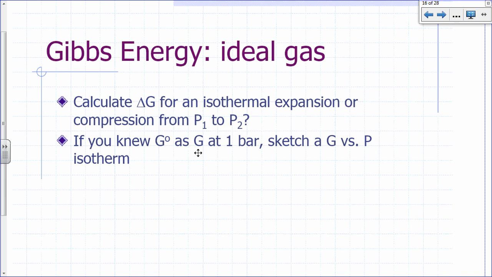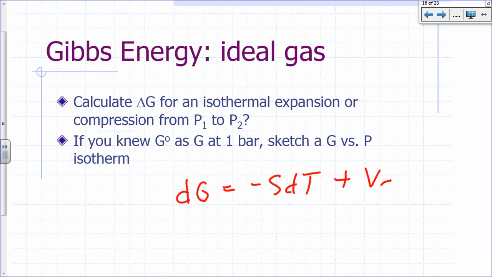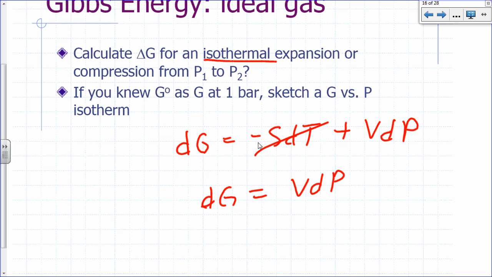We start off with our fundamental equation, dG equals minus S dT plus V dP. Since we're doing it isothermally, the first term drops off, so dG is just V dP. So our delta G would then be equal to the integral of V dP from P1 to P2.